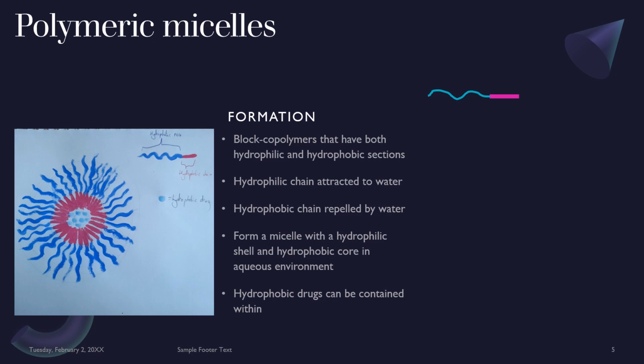When an amphiphilic block copolymer is added to an aqueous environment at the critical micelle concentration, they self-assemble into a polymeric micelle. This is because the hydrophobic chain is repelled by water, while the hydrophilic chain is attracted to water. As a result, the following sequence happens.